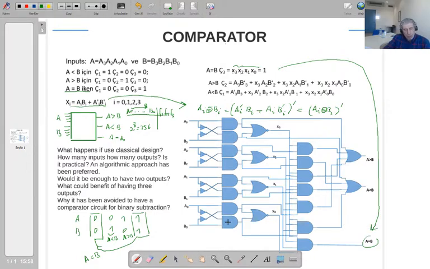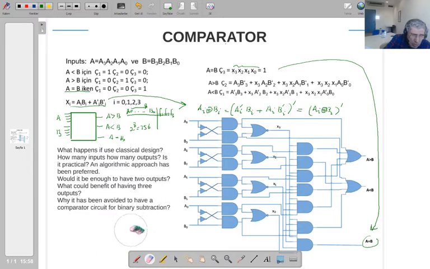Now we are going to see that we could use this new variable x in order to determine the other functions. How could we do it? We can say in general that while we are comparing two numbers, we can compare the most significant bits first.